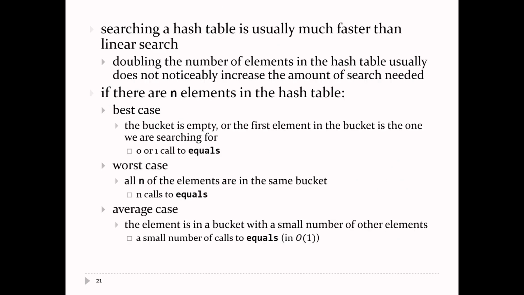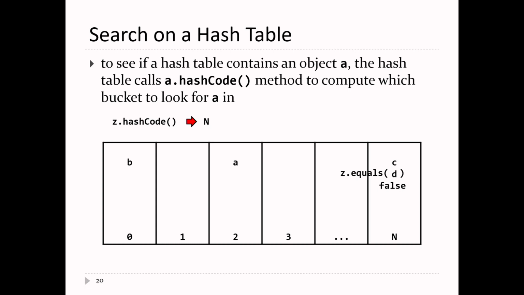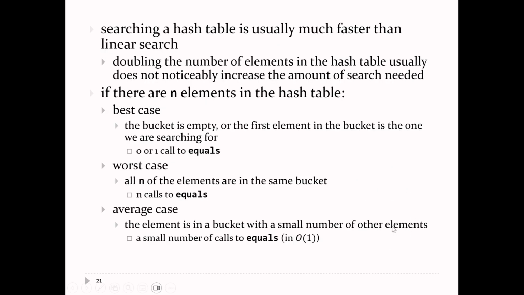Searching one of these things is much faster than linear search. It turns out that in a well-designed hash table, searching is O(1) time, so constant time. Now in the worst case, if you have a badly designed hash table or a bad hashCode method, all of the elements end up in the same bucket. Then when you search the hash table, you have to search all the elements in one bucket, which is exactly the same as searching a list.